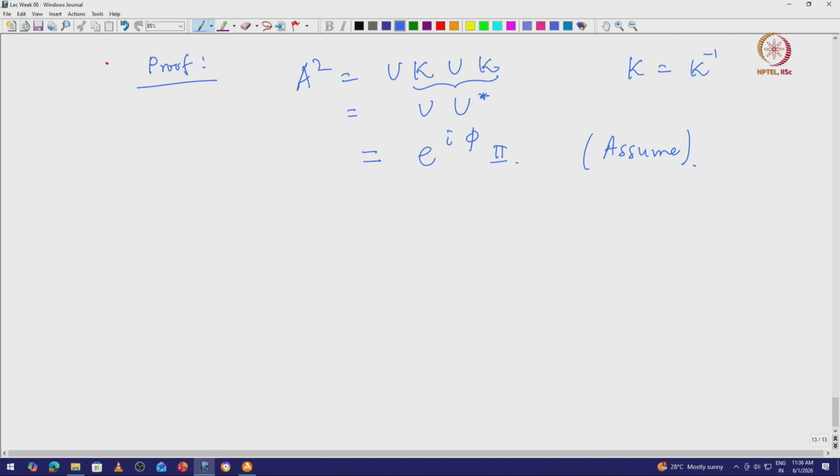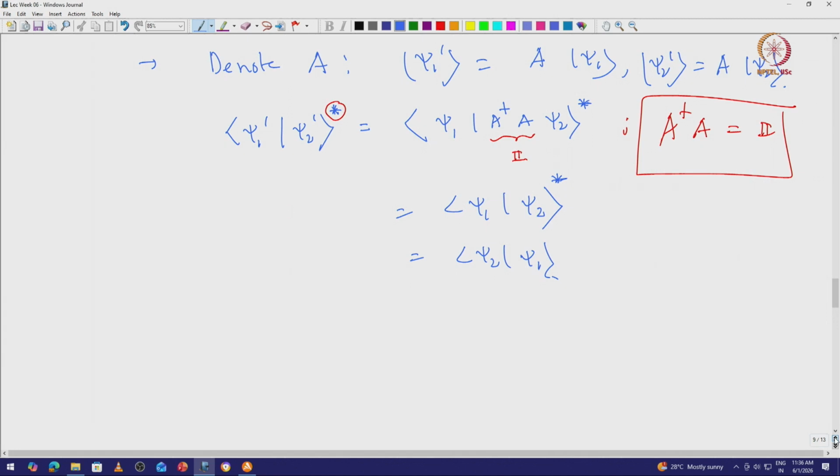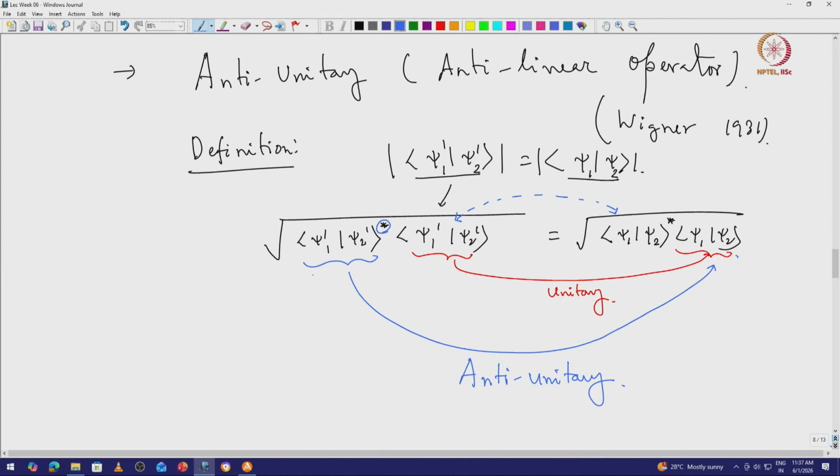We always want the inner product to be invariant. In this transformation also we see that it only changes by a phase, so it does not change the length. If it had to change the length, we would have to be very cautious, and it won't even happen, because if I get some length, then it has to be the inverse of length, and such a transformation is not possible.